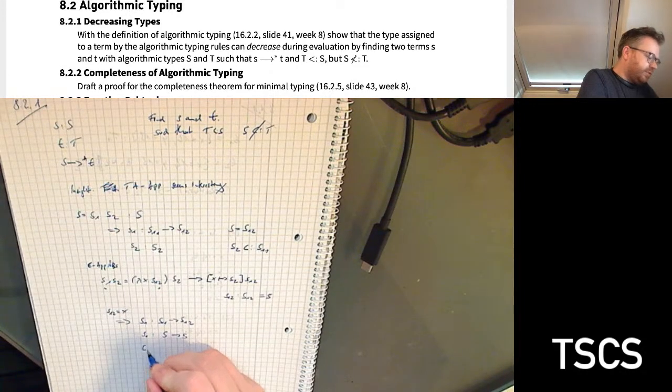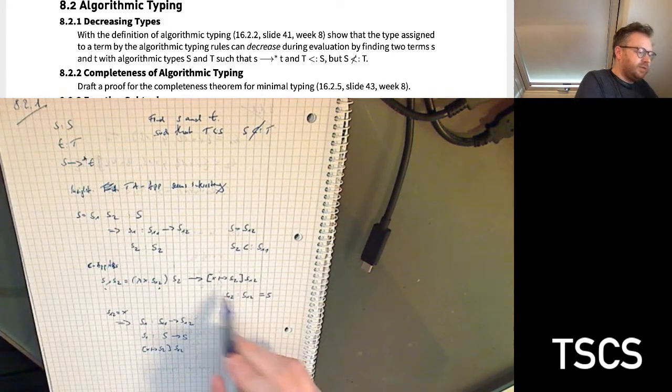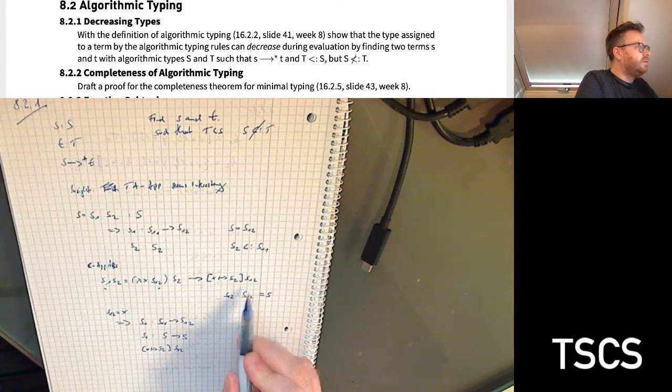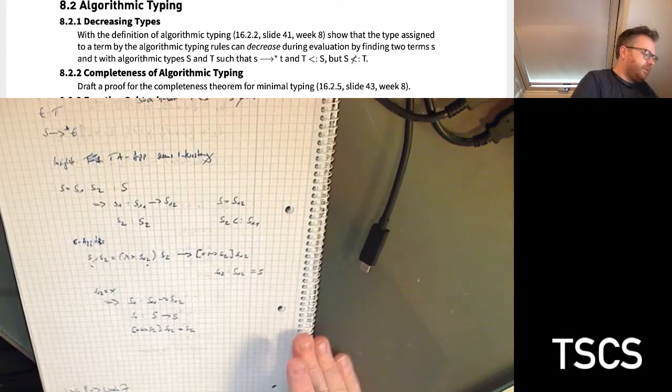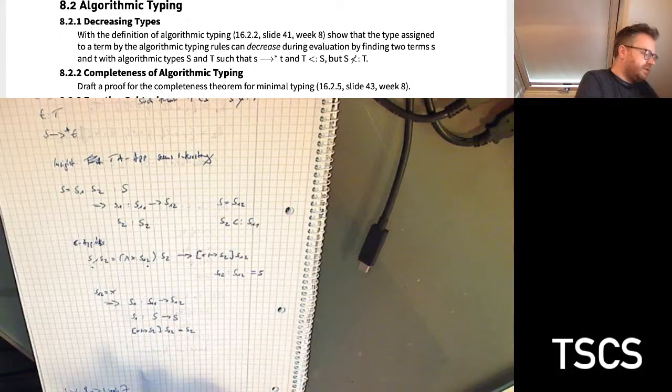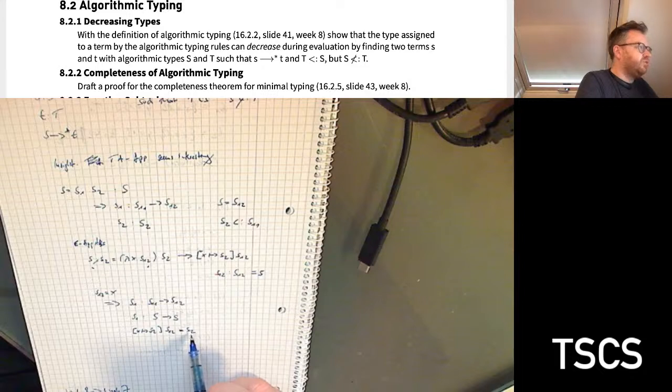And then if we look at the substitution again, just to make things more clear, so X is substituted by S2 in S12. This is the thing we determined up here. Then we get S2, because it's the identity function. S12 is X, and X we substitute by S2, so we get S2.